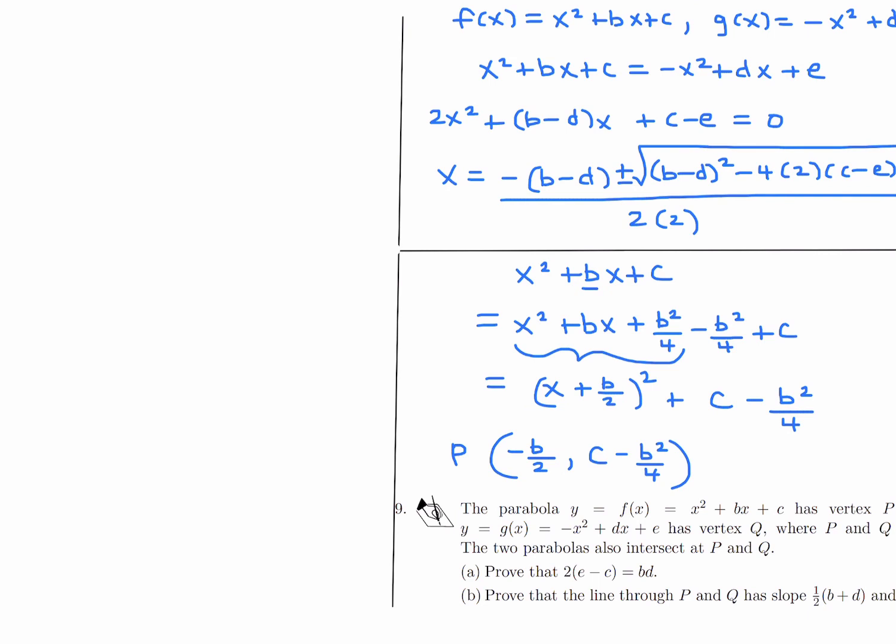We've got d minus b minus the square root of b minus d squared minus 8 times c minus e, and that is all over 4.